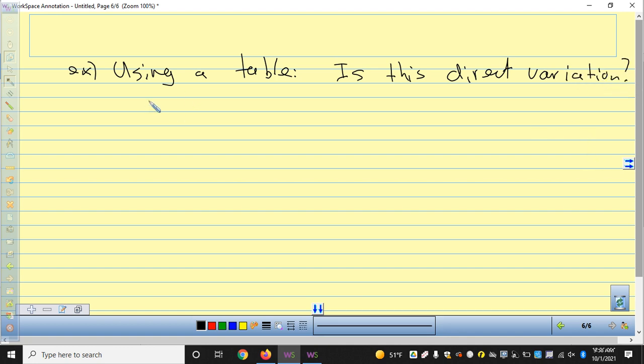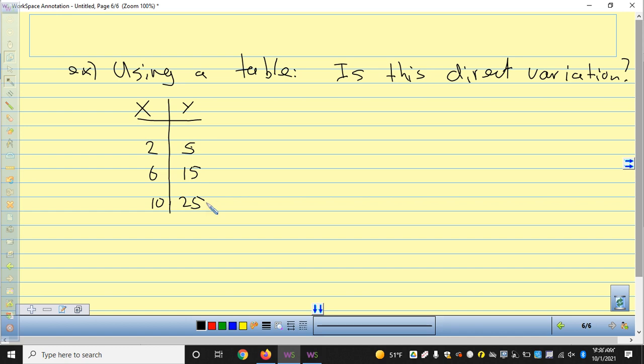And we have a table. X and Y. 2, 5. 6, 15. And 10, 25.